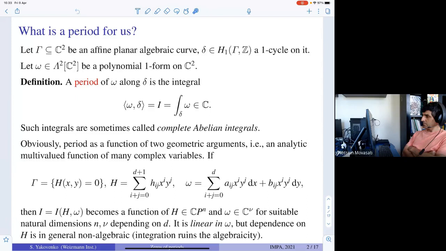Since the equation is homogeneous, polynomial curves like this are parameterized by points of a projective space of large dimension.